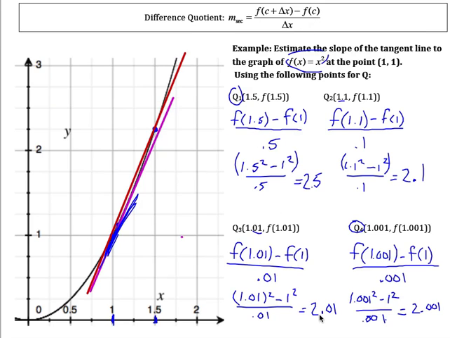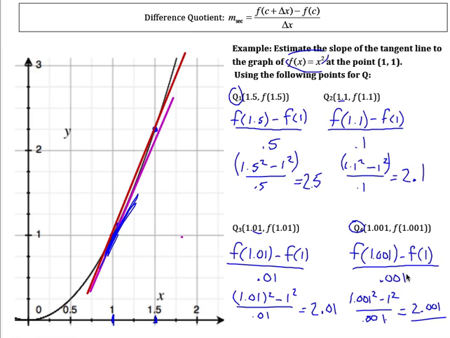All right, welcome back. So you should have come up with a slope of 2.001. Now, thinking about this, as we've gotten closer and closer, we've let that delta x get smaller and smaller, right? Started here at 0.5, then 0.1, 0.01, 0.001.